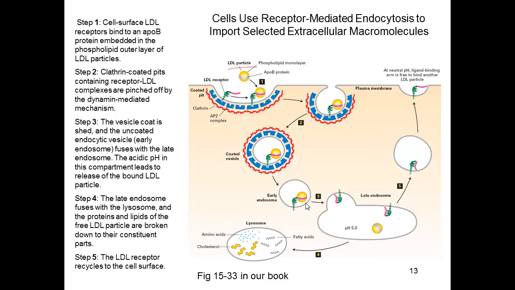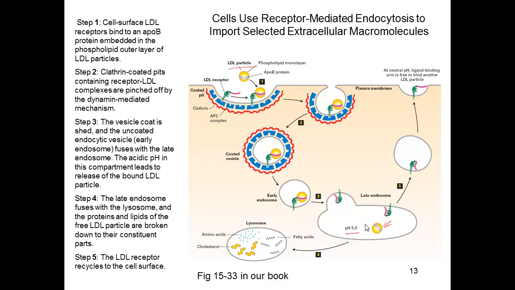It will fuse into a late endosome, which has an altered pH. The earlier compartments are close to physiological pH, 7.4. At pH 5, the receptor no longer has strong affinity for the particle. The receptor, which you can reuse over and over again, will then get sorted to the plasma membrane, released, and available to bind more LDL particles.